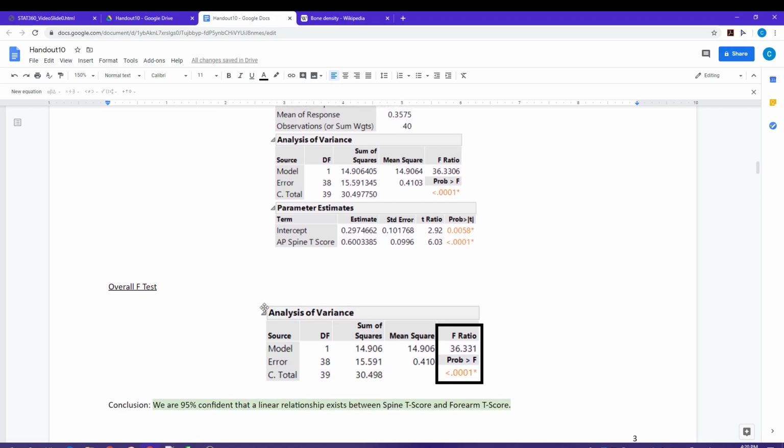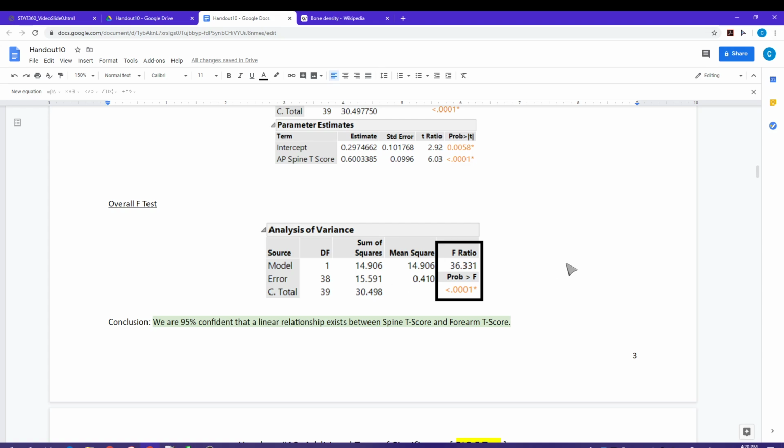So we're going to dive a little bit deeper into that overall F test. That overall F test is given underneath the analysis of variance. Now what we have been doing is just verifying that that p-value there is less than 0.05. And what that means, if it is, is that we are 95% certain that a linear relationship exists between these two variables.